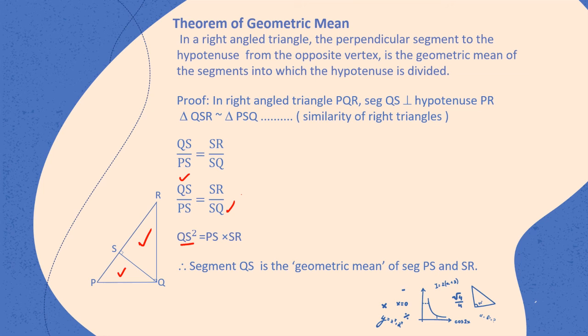If PS is segment 1 and SR is segment 2, it is very easy for you to remember, my dear friends, that QS square is equal to PS into SR. Therefore, segment QS is the geometric mean of segments PS and SR. You would need to write it exactly the same way as we have written this theorem. By this, you would have understood most of the theorems in the Pythagoras theorem.